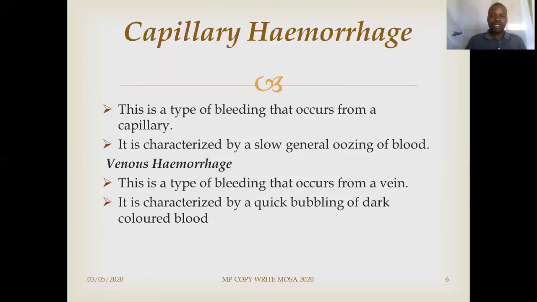In venous bleeding, it is coming from the vein and there is quick bubbling of dark colored blood. Why is that? Because this blood has lost its oxygen and is now carrying carbon dioxide.